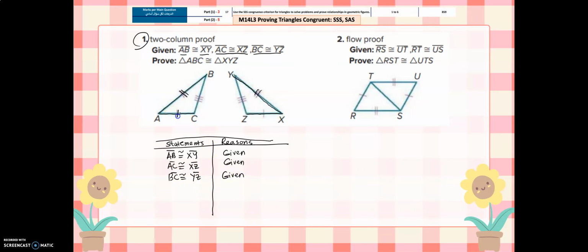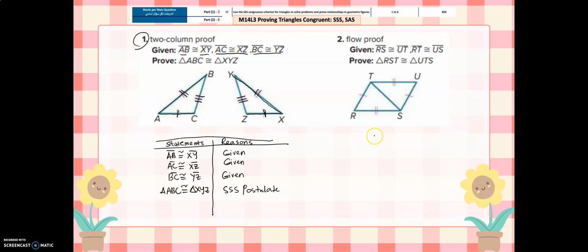For this, you can see that all the sides of these two triangles are congruent. So we can say that triangle ABC is congruent to triangle XYZ by SSS postulate, or SSS congruency. Why SSS? Because all the corresponding sides of these two triangles are congruent.